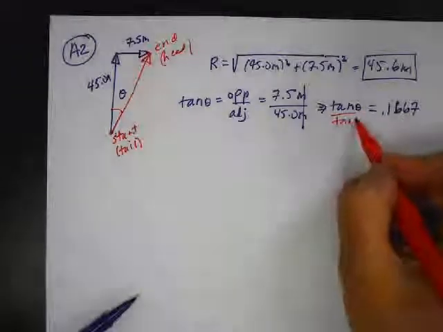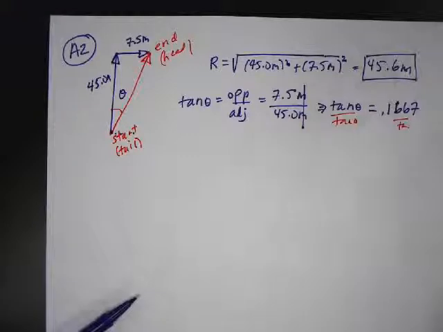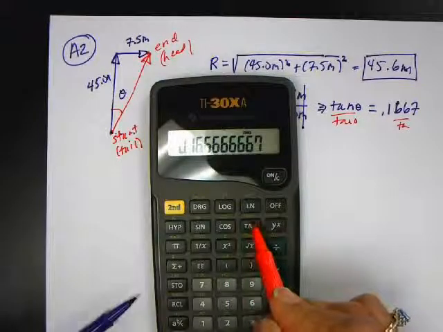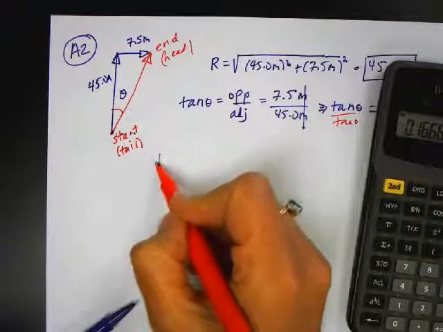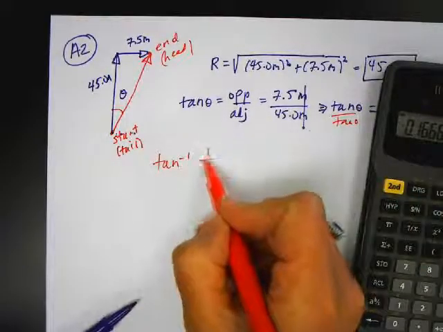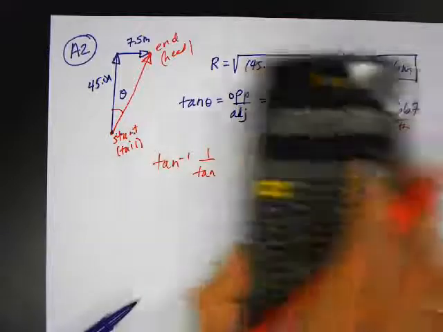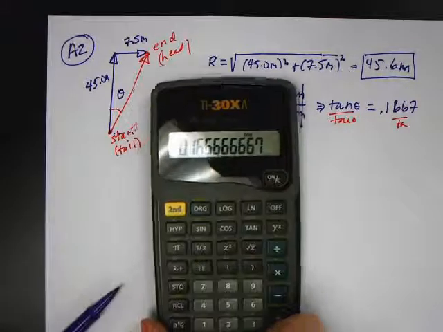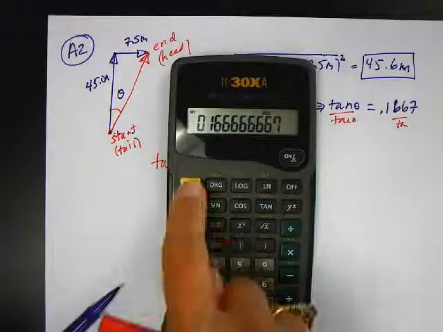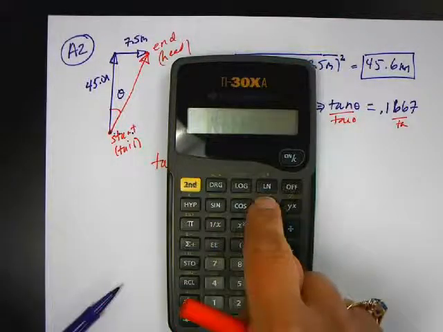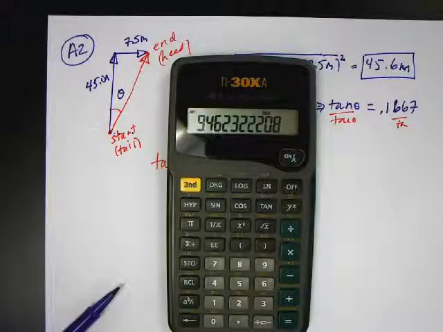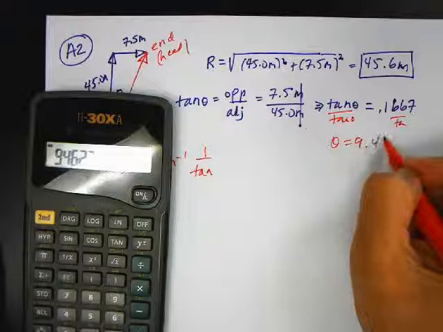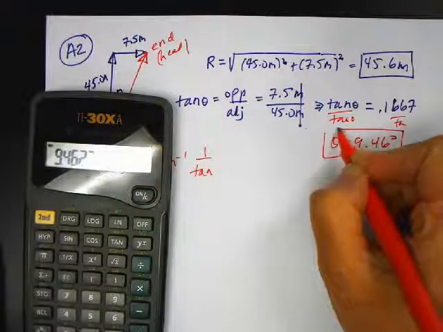So you go like, divide by tan. Well, how do you do that on your calculator? If you look at your calculator, see how it says tan to the negative 1 in yellow? Tan to the negative 1 is actually 1 over tan, which is like dividing by tan. So when I have 0.1167, on my calculator I press second, and then I press tan, and it says 9.46, so that angle theta is 9.46 degrees.